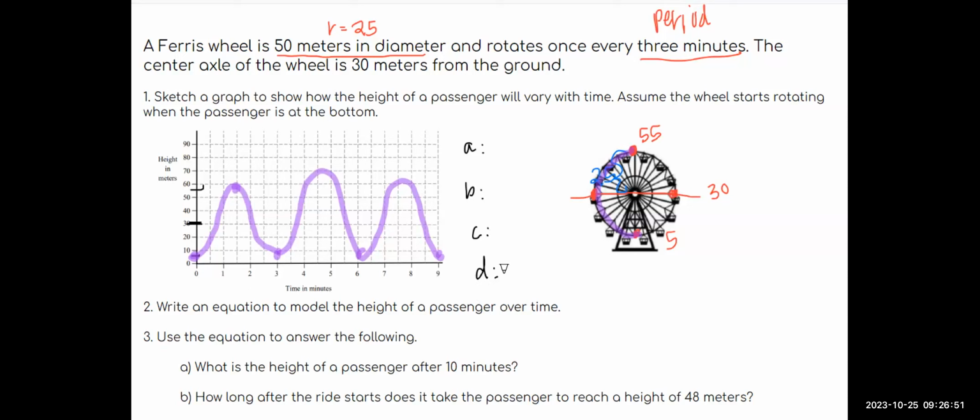Okay, so in our equation, that'll be what we add at the end. That's D. The amplitude is 25. 55 minus 30, 30 minus 5. Also, you guys remember the amplitude is going to correspond to the radius. From the middle to the top on the Ferris wheel, from the middle to the top on the graph. Radius, amplitude.